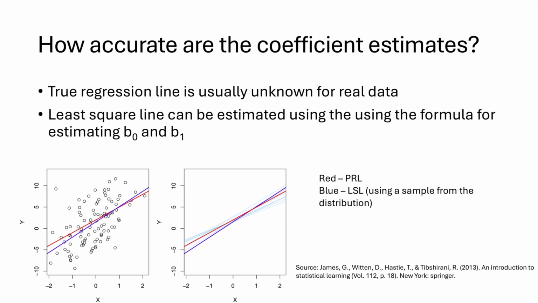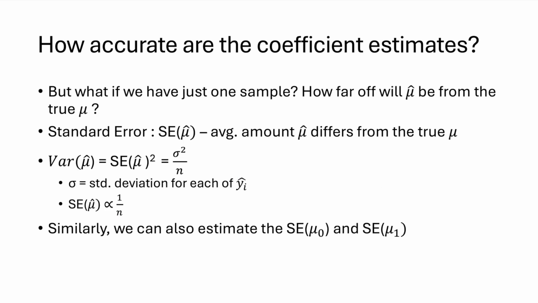If you generate a set of data and you know the true regression line because you know the parameters, and then you use a number of simulations to get different models that give different least square lines, and you average all those least square lines, you'll find that the true regression line would be very similar to the least square line.